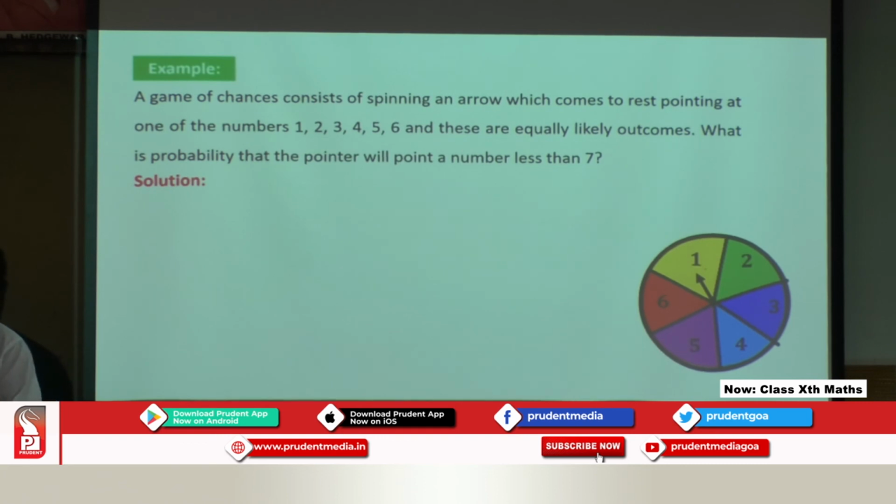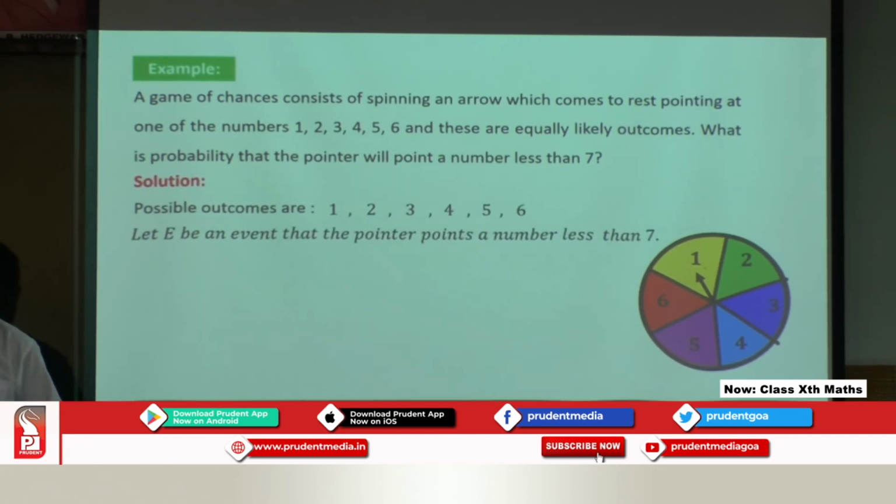Now, to find the probability that a pointer will point to a number less than 7, we have to write the possible outcomes. And the possible outcomes are 1, 2, 3, 4, 5, 6. Let E be an event that the pointer points to a number less than 7.